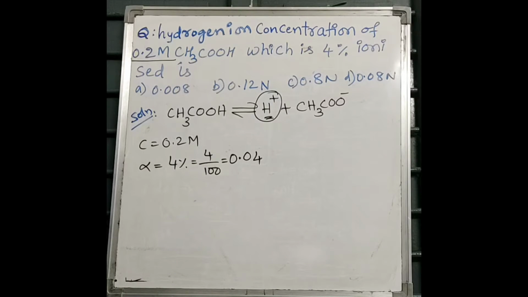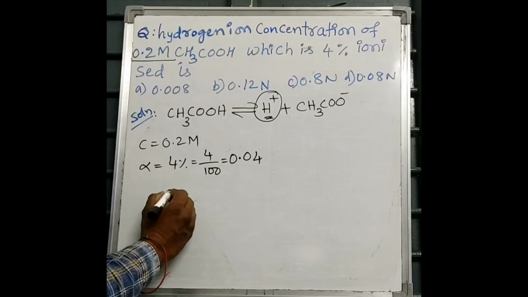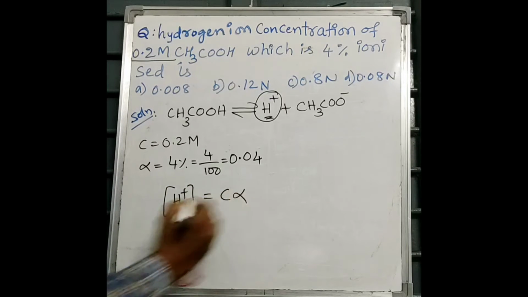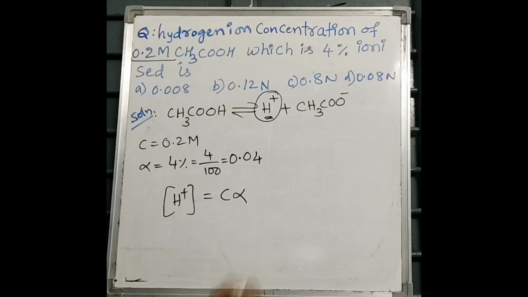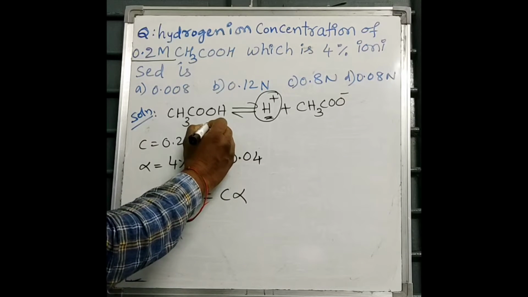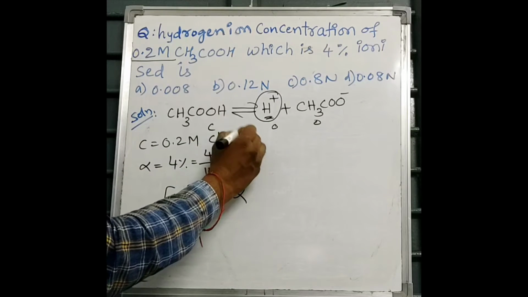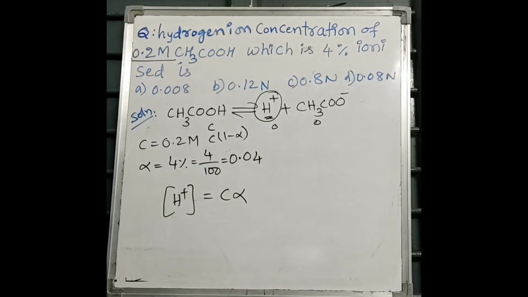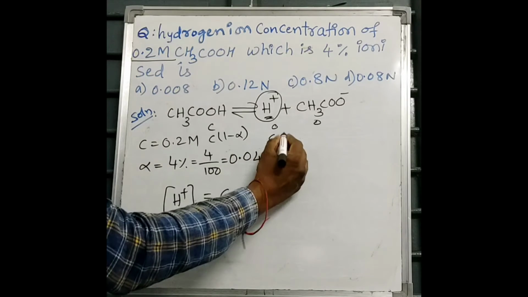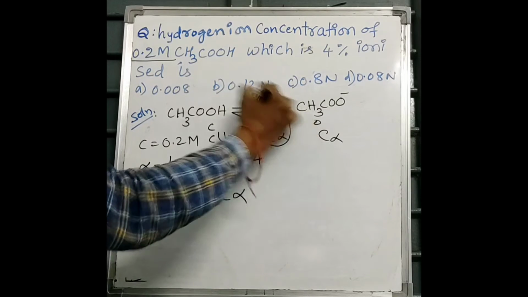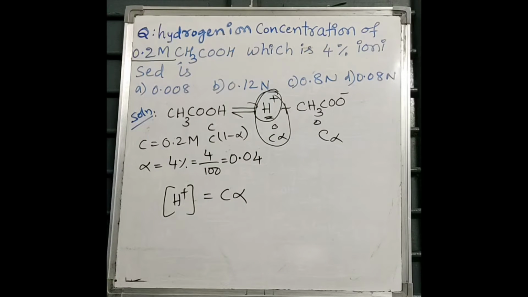So what formula do we use to calculate the H+ ion concentration? It equals C alpha. We know, students, that initial concentration C is converted, from C(1 - alpha), into products C alpha. So the concentration of H+ ion is C alpha.